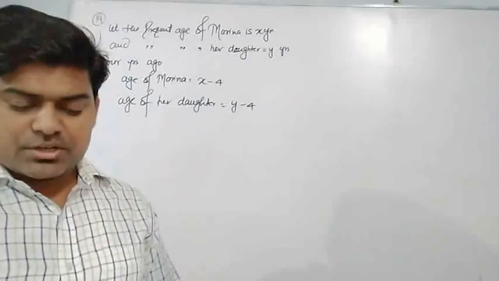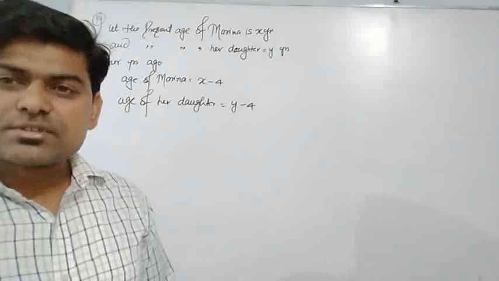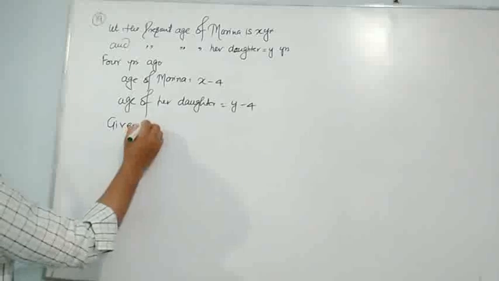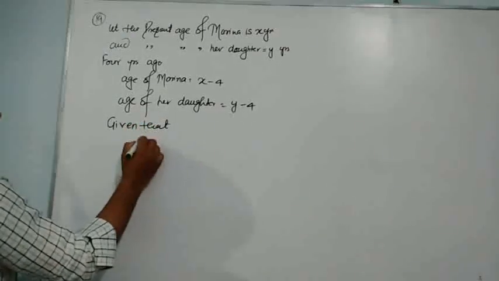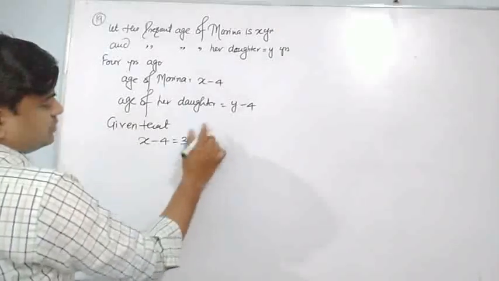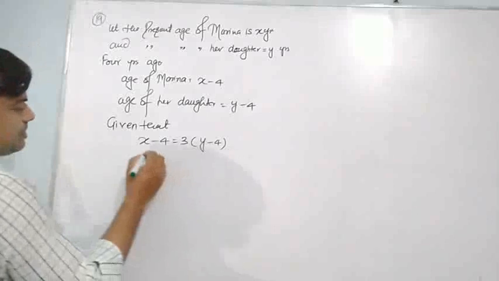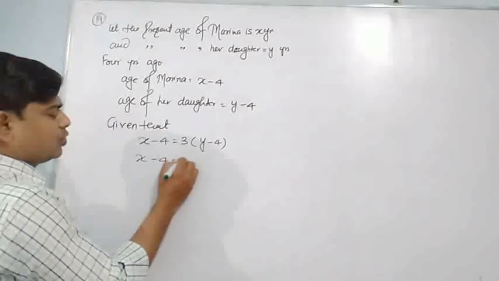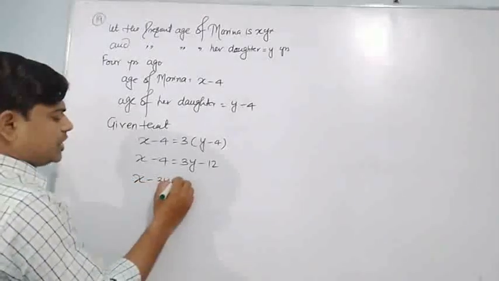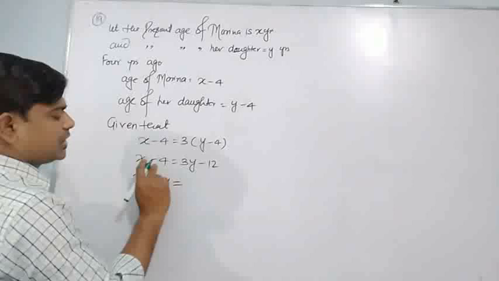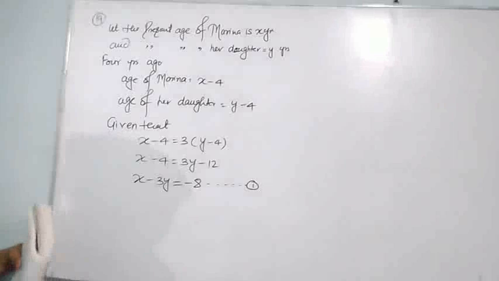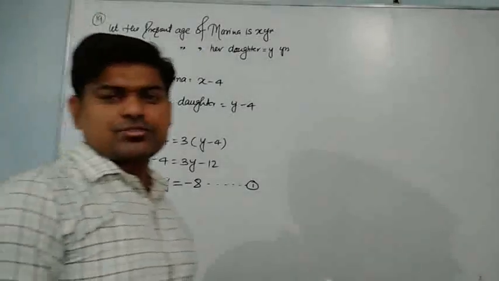Marina was 3 times as old as her daughter. So X minus 4 is equal to 3 into Y minus 4. So it is X minus 4 equals 3Y minus 12. X minus 3Y equals minus 12 plus 4, which is minus 8. I can write it as equation number 1.